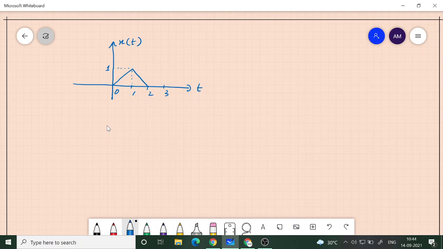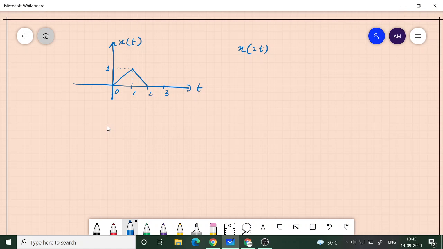So now when I say x of 2t, I am introducing a factor with respect to t. When time is equal to 1 unit, 2t is going to become 2 units.